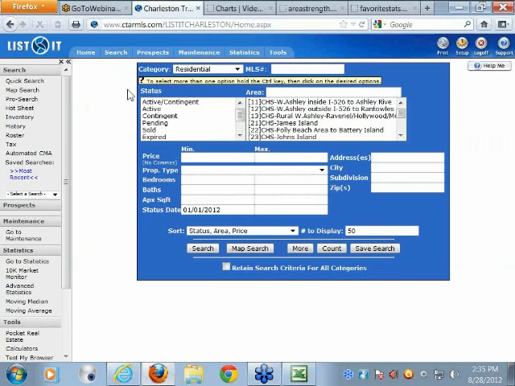Okay, let's go look at another one. Let's go look at Village Green in West Ashley. Actually, you know what? We're running out of time, so let's do some here in Mount Pleasant, since we have a lot of Mount Pleasant agents in this office. Let's look at Charleston National.